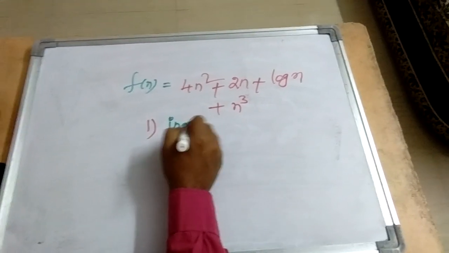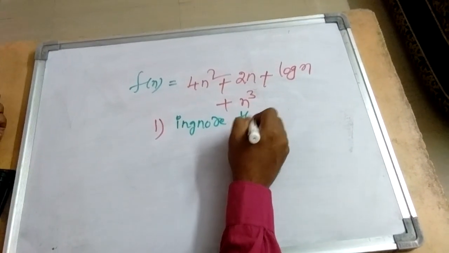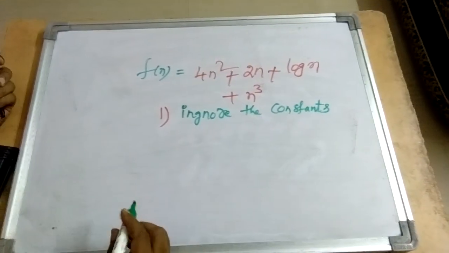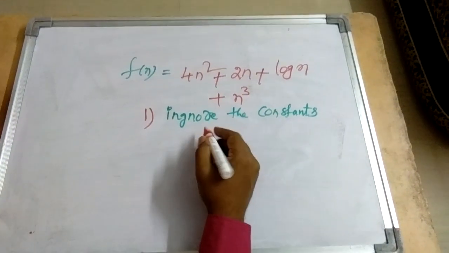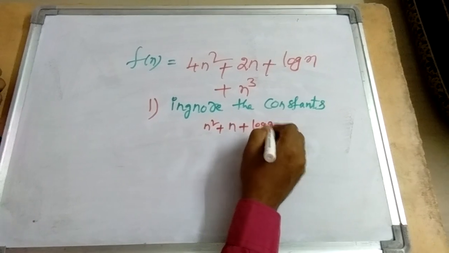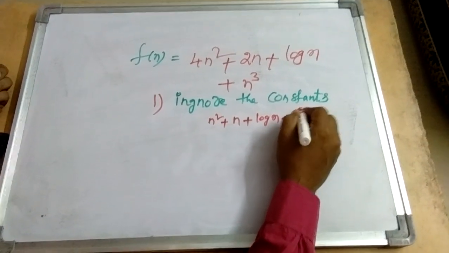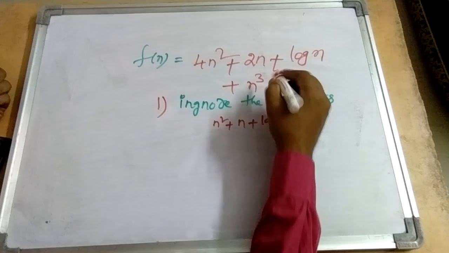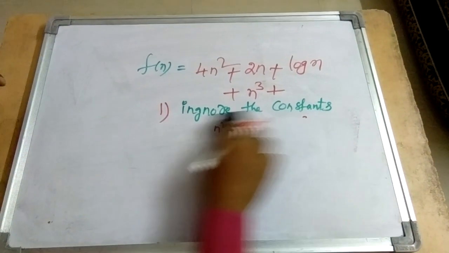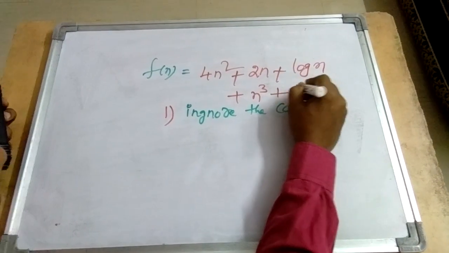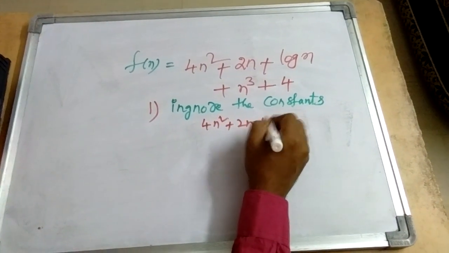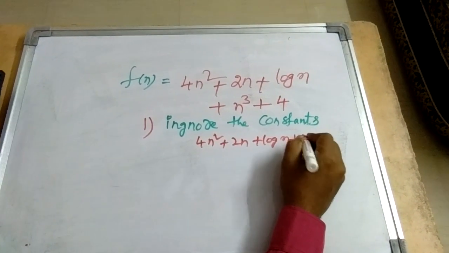ignore the constants. Ignore the constants. Now ignoring constants, this will be 4n square plus 2n plus log n plus n cube.